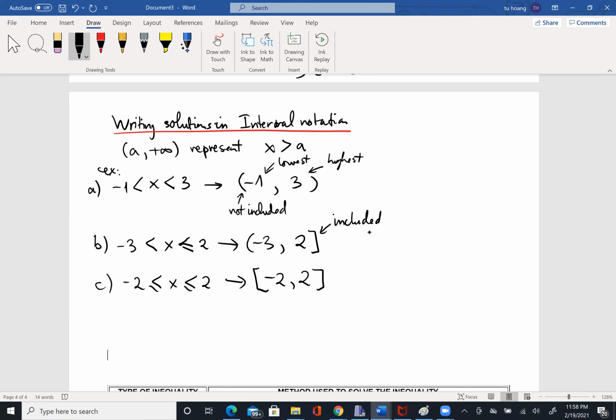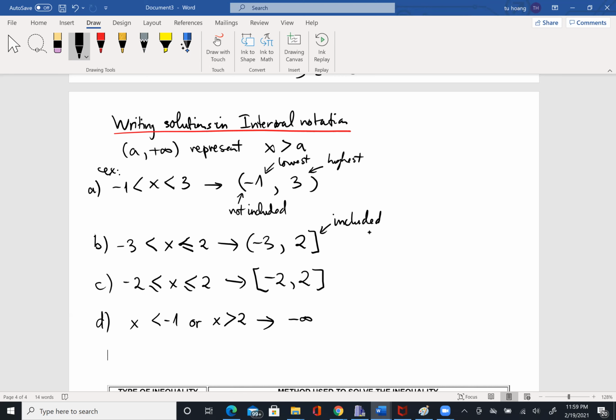What about C and D? I have x less than -1 or x greater than 2. So what should I do now? Firstly, I know that since x is less than -1, the lowest value here should be a number less than -1, and the lowest one should be negative infinity.